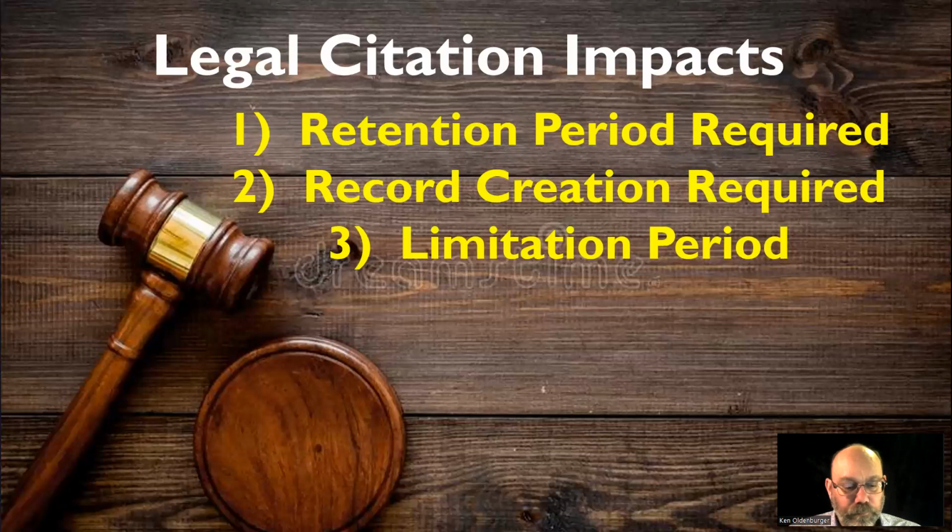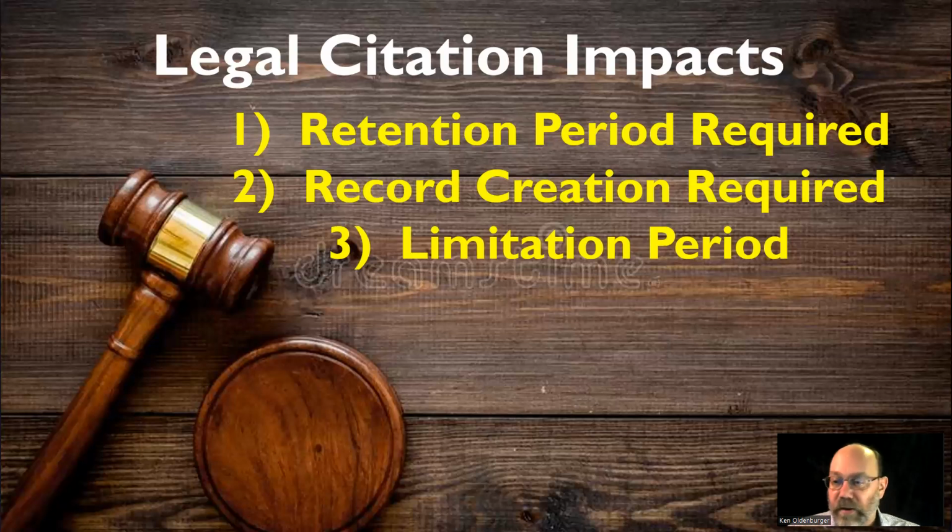All right. So the last way, number 3 here, this one is a very common one as well. The last way that legislation and regulations may influence a records classification system is by placing a limitation period on the records related to a certain action. Well, they don't worry about the records. They just say a limitation period on a certain action.